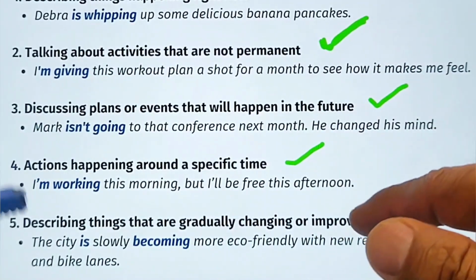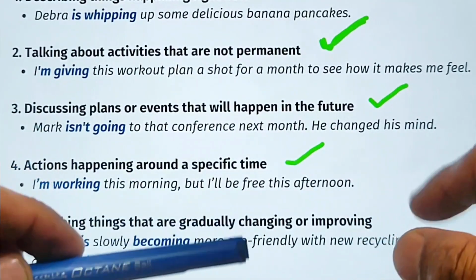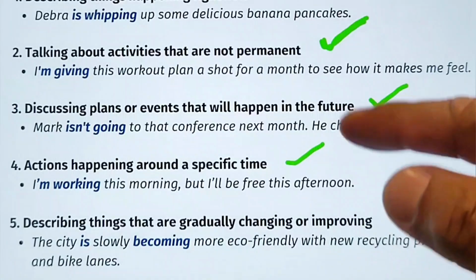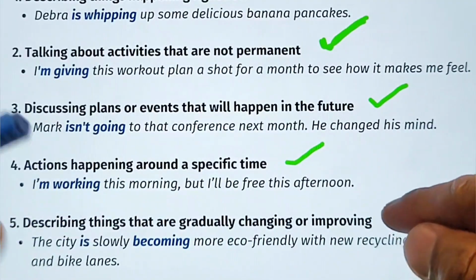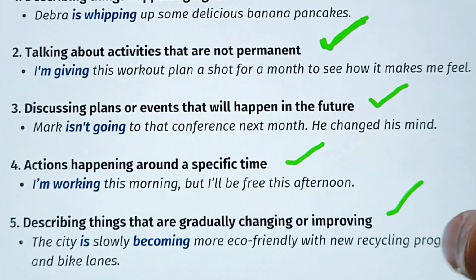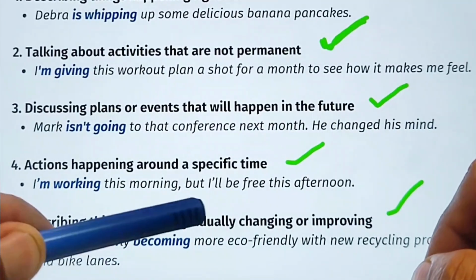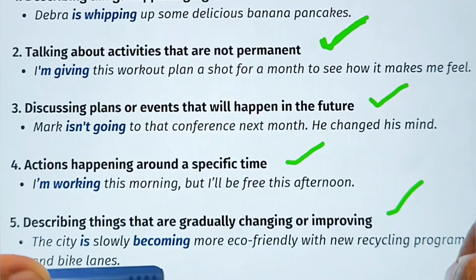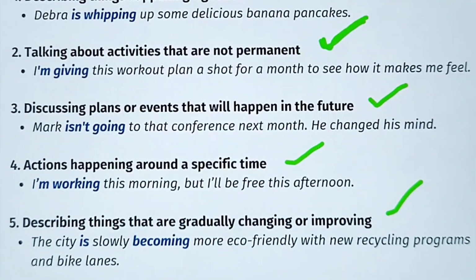For example, I'm working this morning, but I will be free this afternoon. And describing things that are gradually changing or improving. For example, the city is slowly becoming more eco-friendly with new recycling programs and bike lanes.